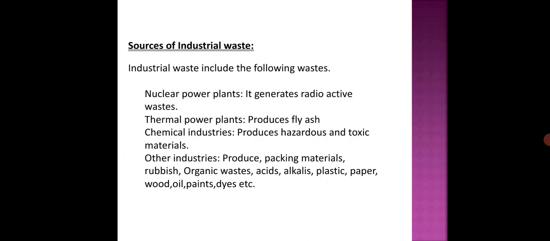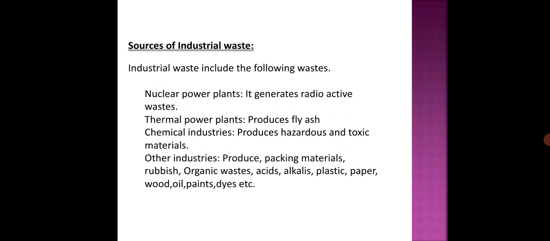Similarly, the second important classification is industrial waste. Its sources are power plants, nuclear and thermal power plants, chemical industries and other types of industries. We know that radioactive wastes are generated from nuclear power plants.